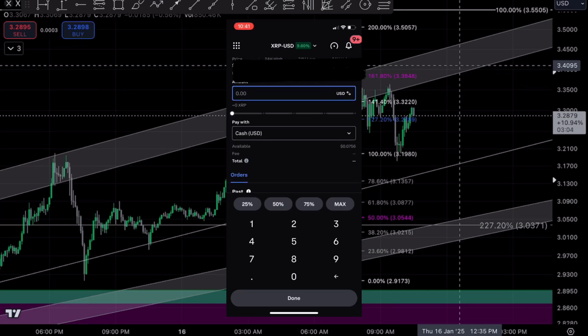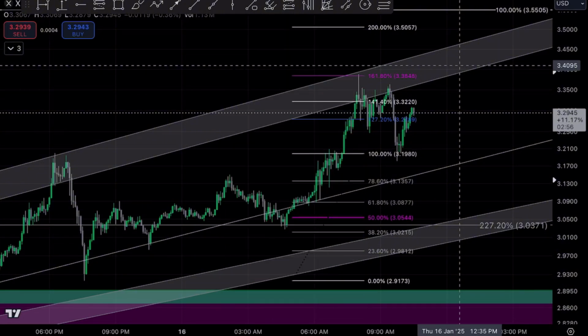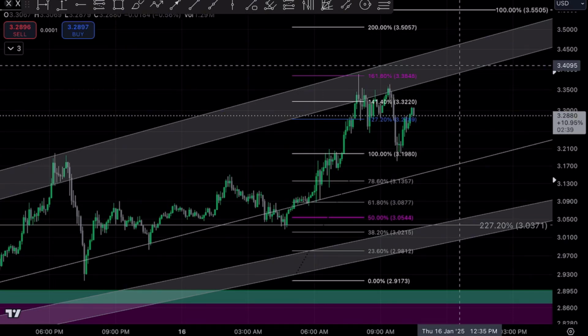And you put in a limit order to buy, and then whatever price you want, and then the amount, whether you want 25% of the amount that you have in Coinbase, or 50%, 75%, or the max.